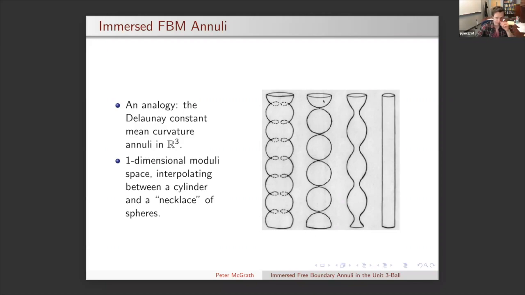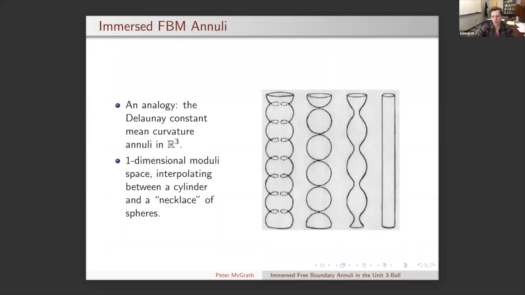In truth, the family can be extended further to immersed surfaces, but I'm not going to talk about those at all. So there's this one parameter family of embedded CMC surfaces that are rotationally symmetric, singly periodic, and interpolate between the cylinder and this necklace of spheres.